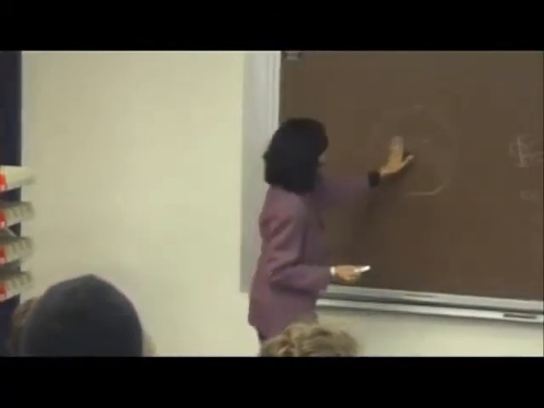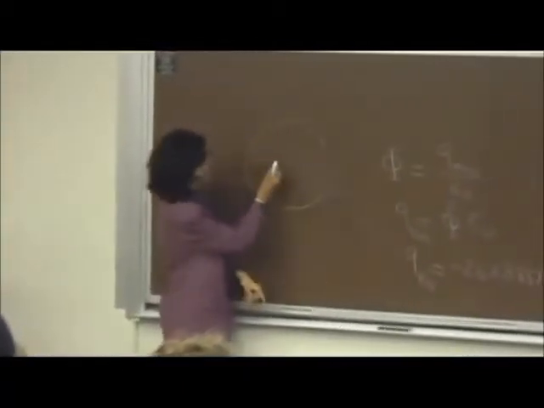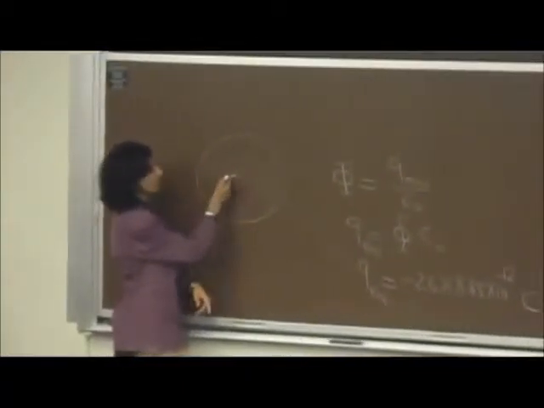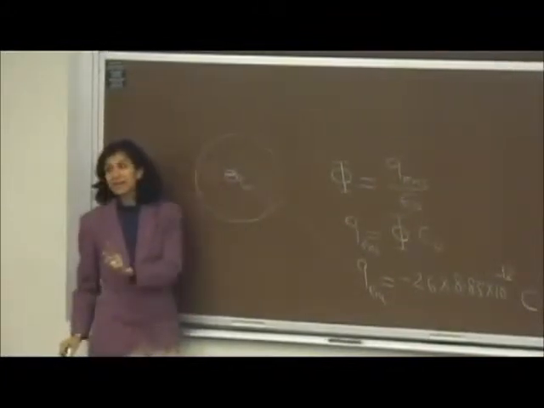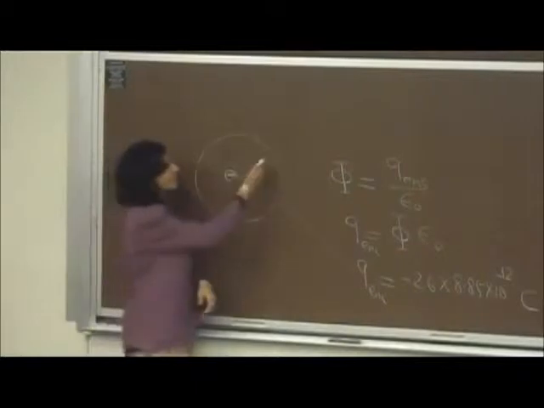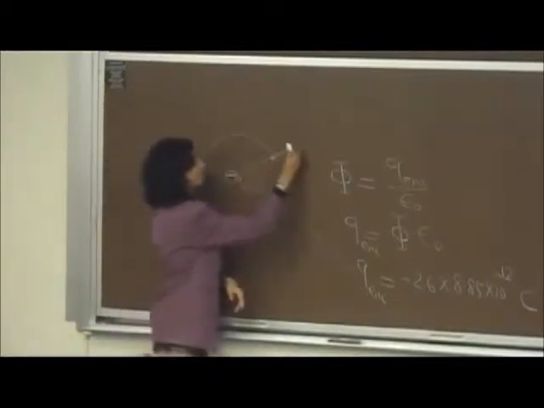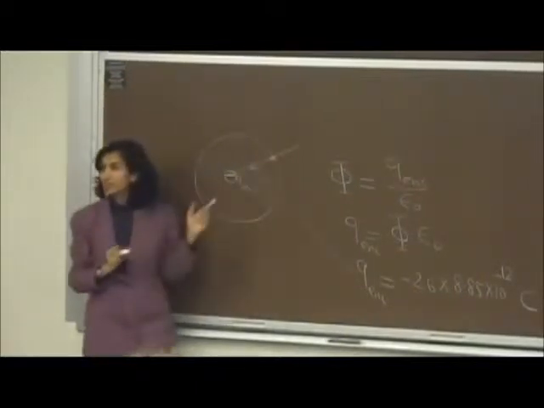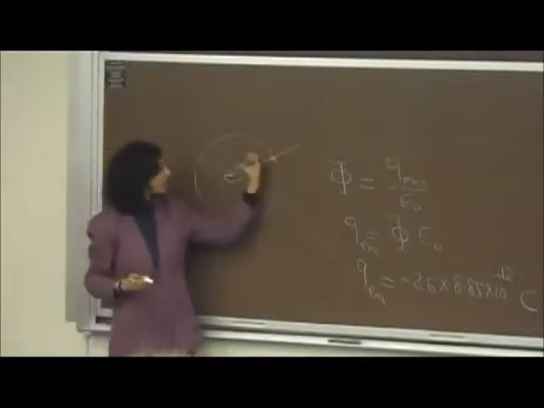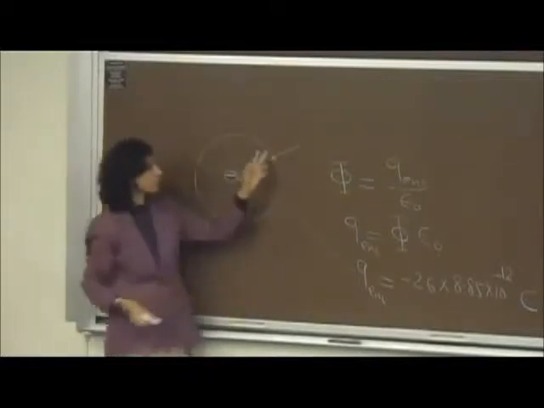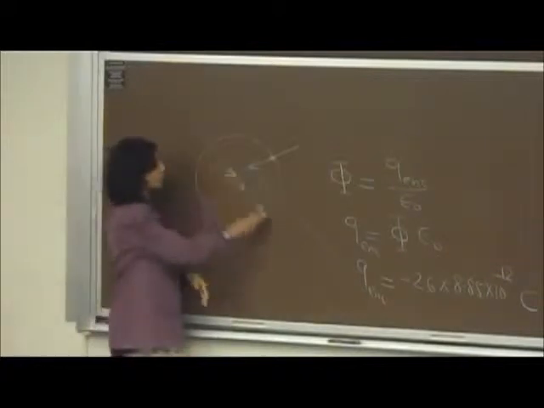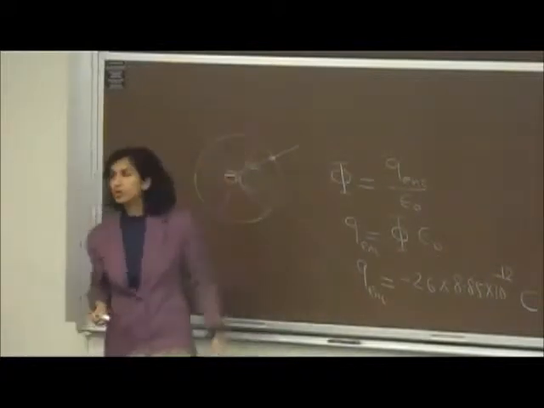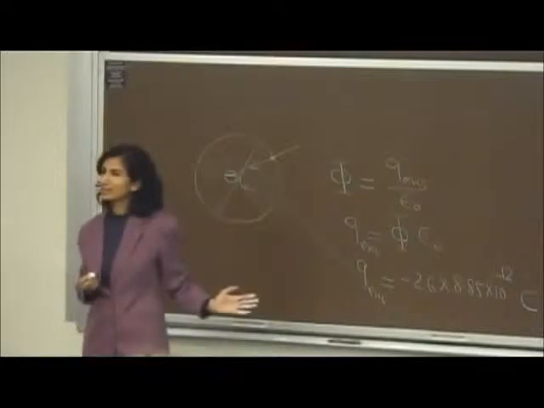If the whole thing was a point charge over here at the center, then you could say that at point P the electric field is radially inward because the charge is negative. And you can even find its magnitude. But this is not given to you. You don't know that this is the situation. This information doesn't say that the charge is at the center.